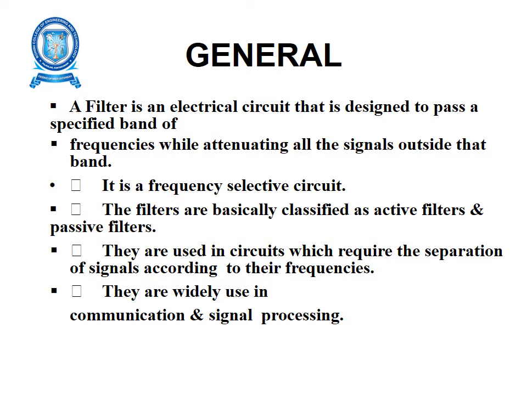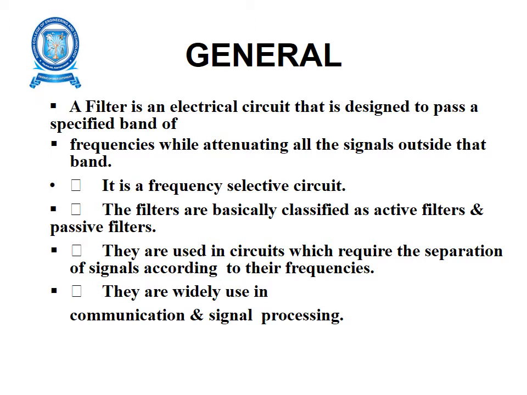So what is a filter? A filter is nothing but an electrical circuit that is designed to pass a specific band of frequencies. For example, it can be a high pass or a low pass filter. In case of high pass, it will select and send only the high frequency signal.